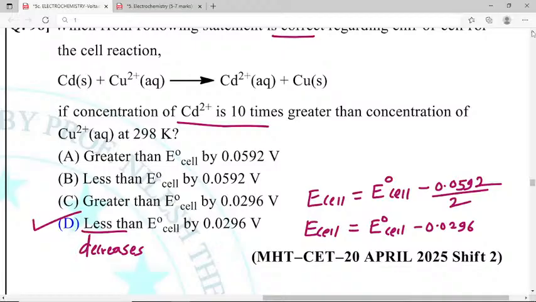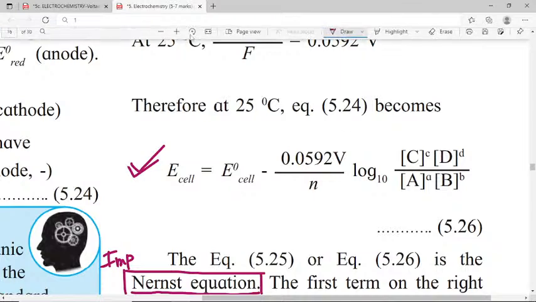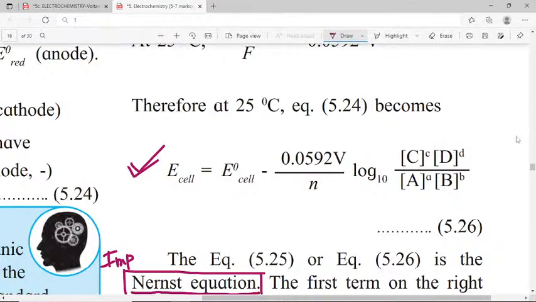It is 10 times, so log 10 to the base 10 is 1.